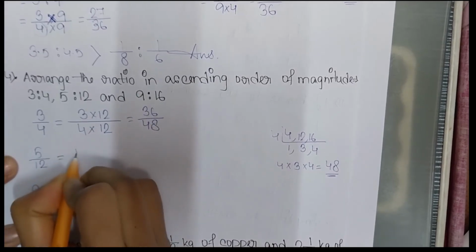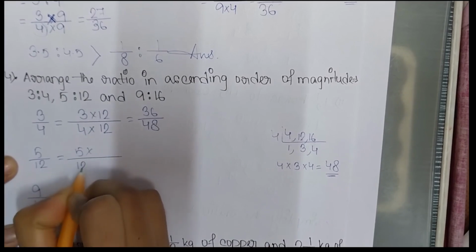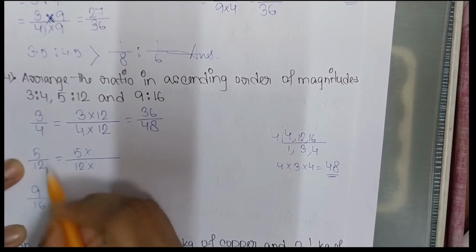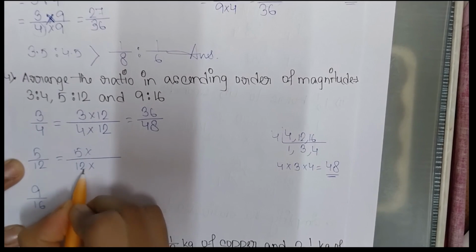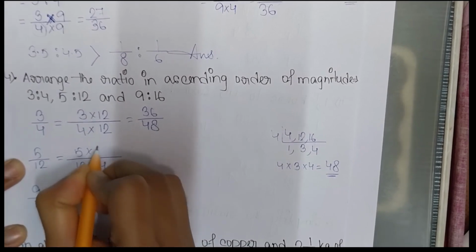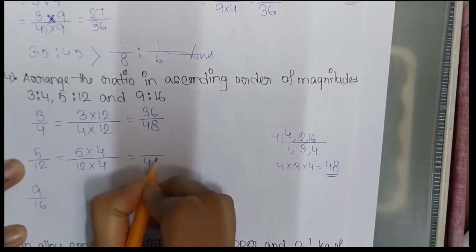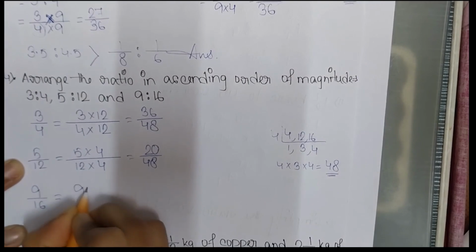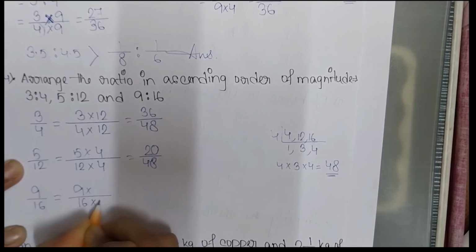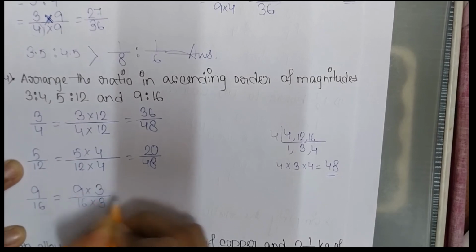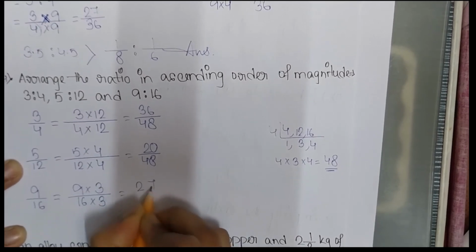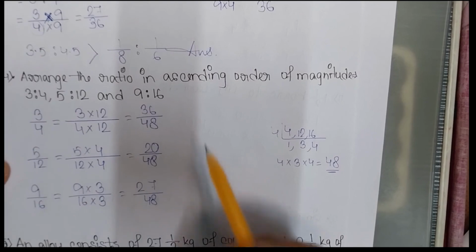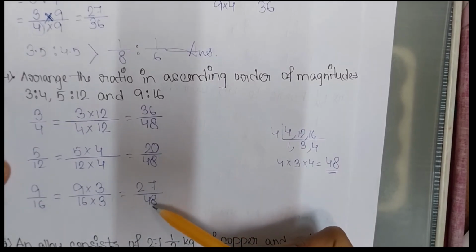Now the same technique will be applied for the remaining two fractions. 12 into 4 we will get 48 and the numerator will be 20. And for this fraction also, 16 into 3 we will get 48 and the numerator will be 27 by 48. Now we have the same denominator for each fraction.